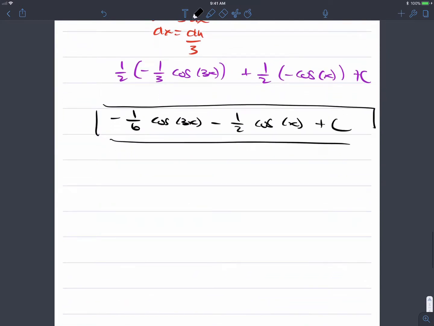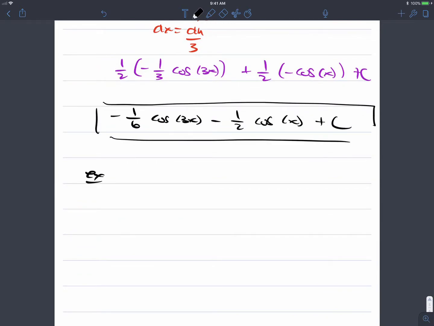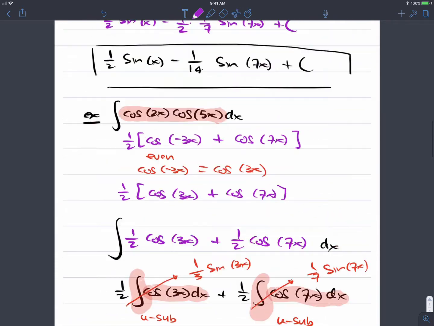Let's try one more. Sine 8x, cosine 12x dx. Sine 8x, cosine 12x. So let's go to 8x and 12x.